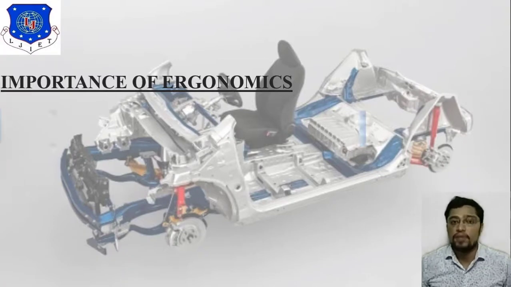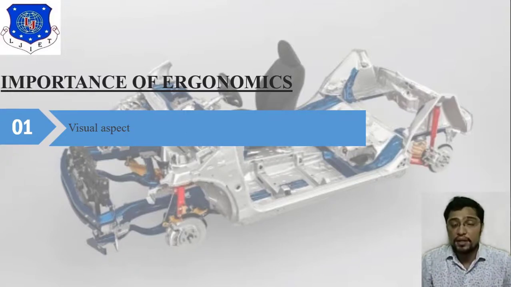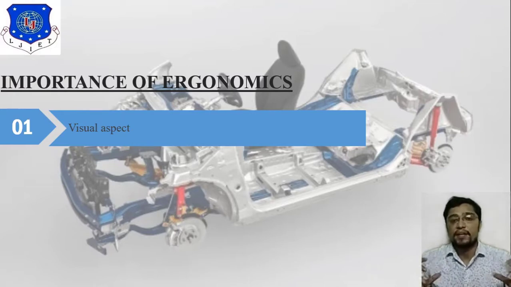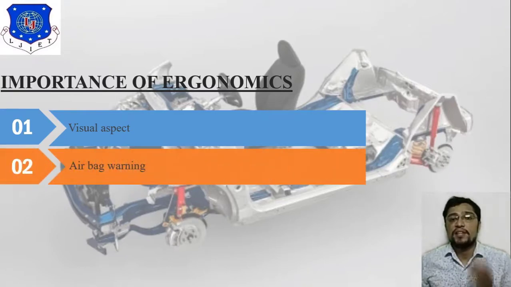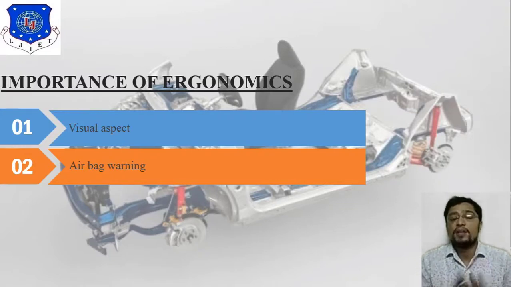Moving forward to the first point, which is the visual aspect. Here we take different mirrors, so that the blind area can be spotted by that particular mirror. This is the visual aspect. Second is airbag warning. During a collision, the airbag plays a very important role, because driver seat design and airbag are both very important.